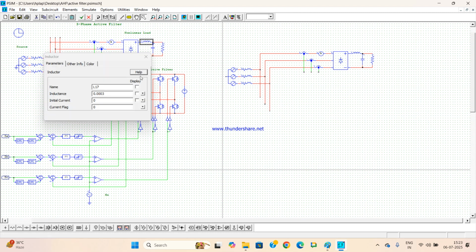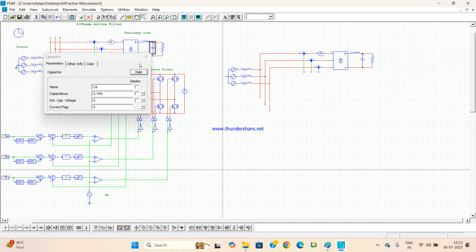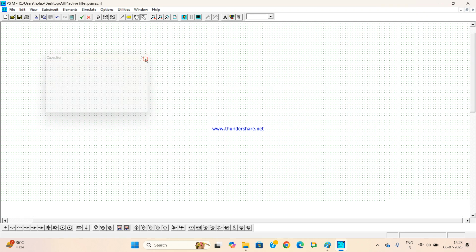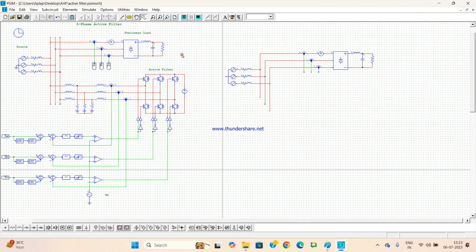It is 0.3, 0.00, so this much Henry, and this is a capacitor 0.747 millifarad, and this is a load. So this entire rectifier along with this, it's a nonlinear load.